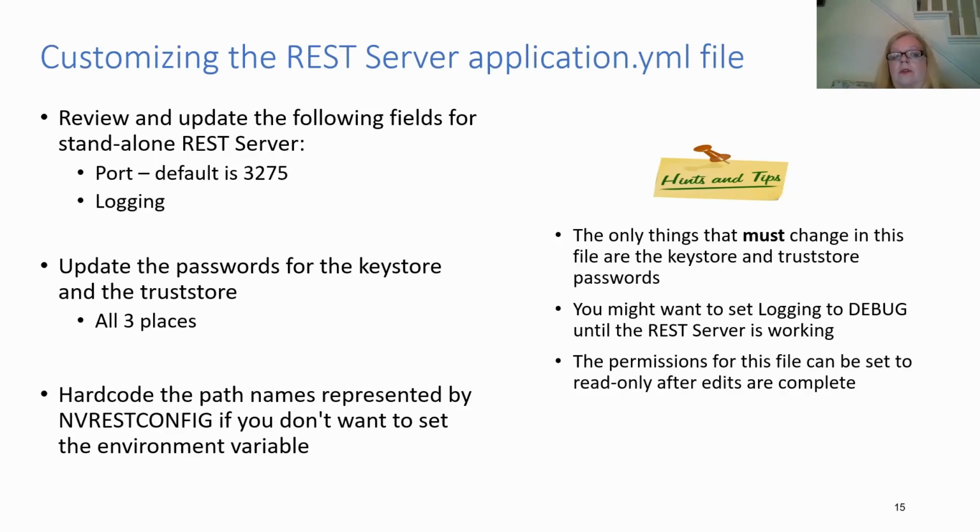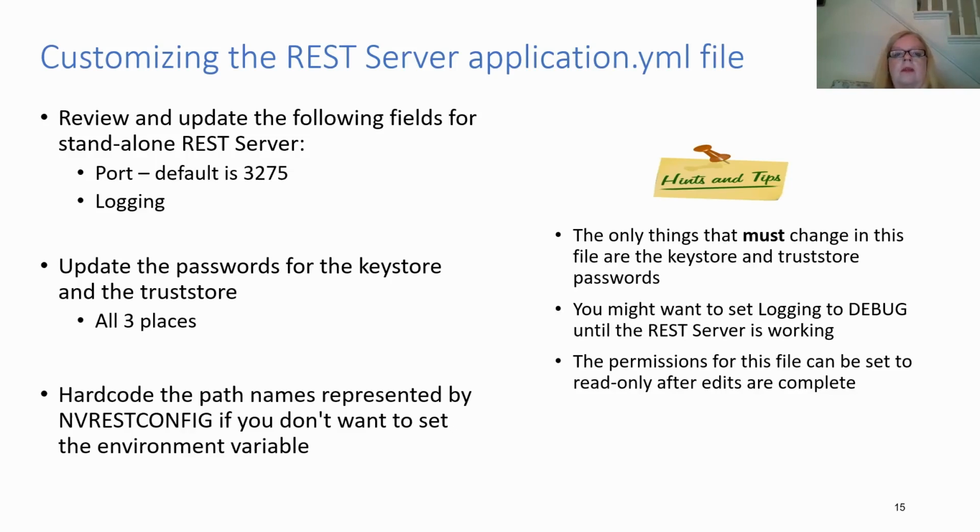I do suggest that you might want to set that to debug as you're initially setting up the REST server, so you can see more messages if things are going wrong. However, it is a bit verbose, so once you get the REST server up and working, you probably want to set that back to info just to get the basic messages.